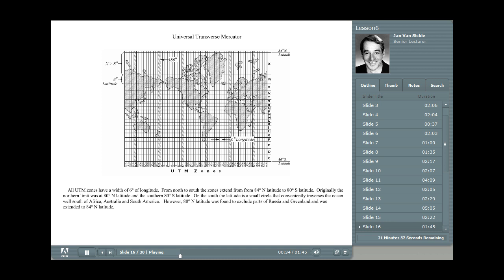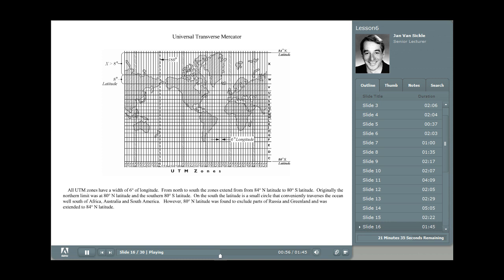The south latitude is a small circle that conveniently traverses the oceans well south of Africa, Australia, and South America. However, 80 degrees north latitude was found to exclude parts of Russia and Greenland, and so therefore was extended to 84.